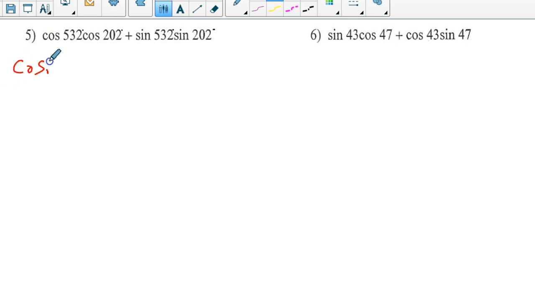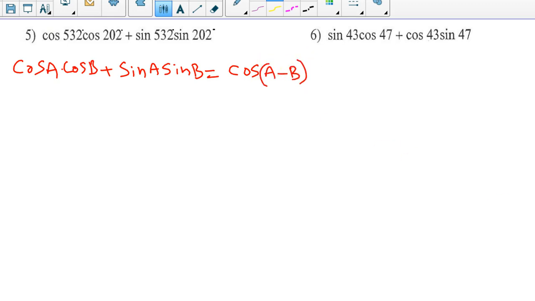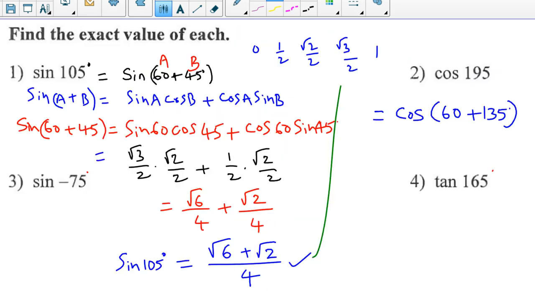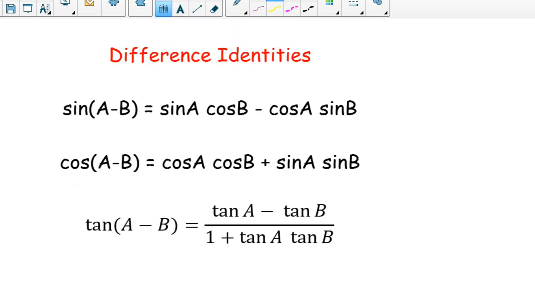Cosine A times cosine B plus sine A times sine B is equal to cosine A minus B. I'm writing this formula. I have it here. Right, it's this.